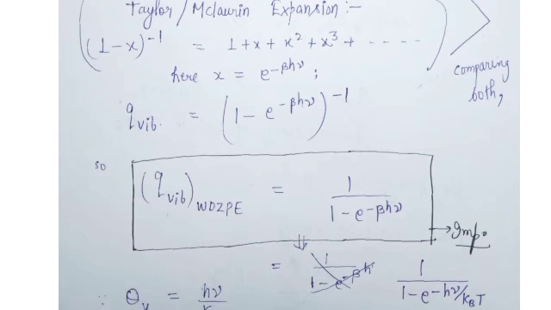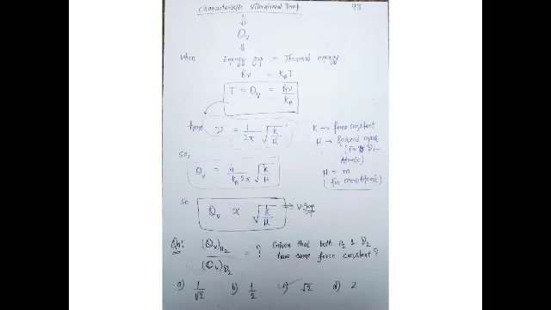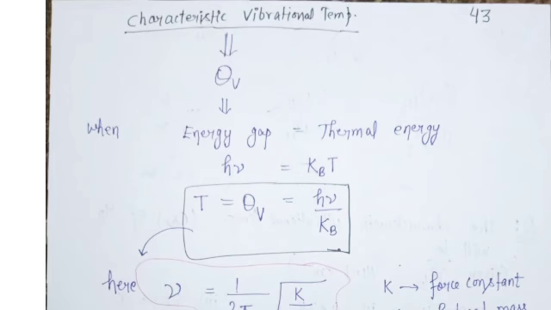Now if we have to write this expression in the form of theta v, which I think I didn't tell you, first let's try to understand theta v. Theta v is the characteristic vibrational temperature. It is in the same context which we earlier used in the characteristic rotational temperature, that was theta r.